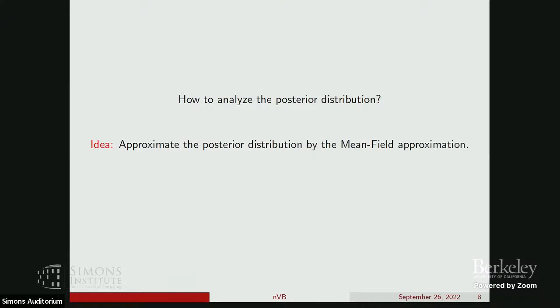The approach we'll adopt is to develop some sufficient conditions. We'll carve out a set of examples where the mean field approximation is actually accurate, and then we'll use this mean field approximation to say something about the posterior. That's what we'll do.